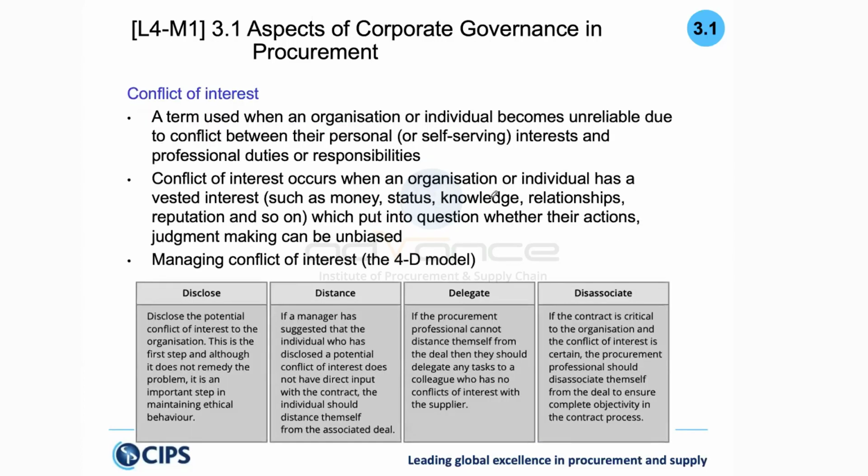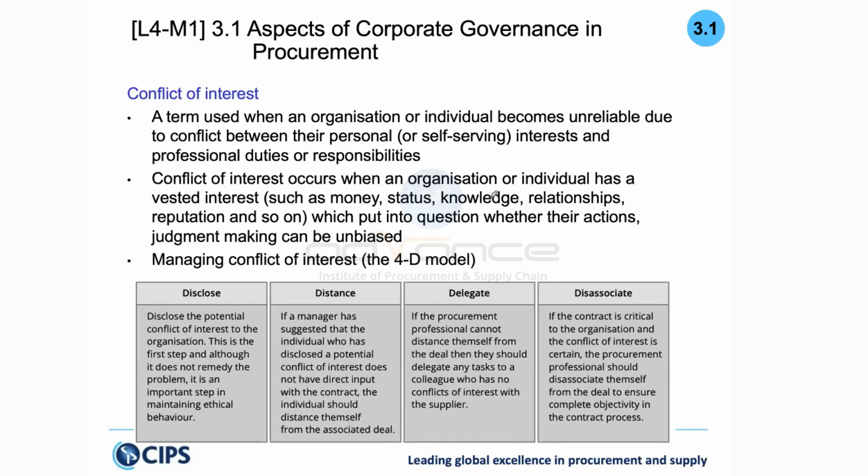One of the things that is common in procurement is conflict of interest, especially for small countries like Singapore, where a lot of people know each other. For a large country, it may be fine, but for a small country or even certain Asian countries, there might be a situation where you come across someone who has certain interest in another organization, right? And then you become unreliable.